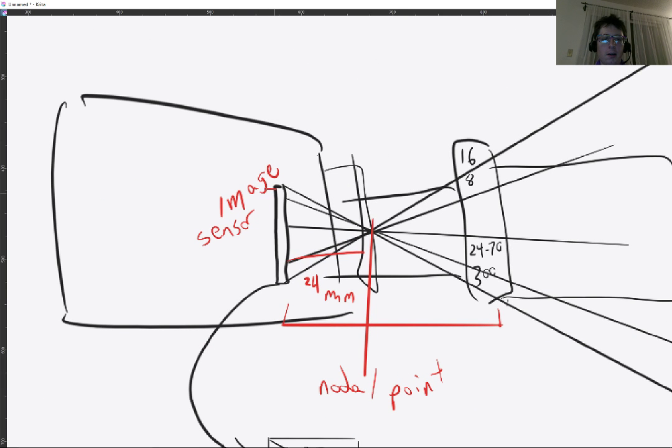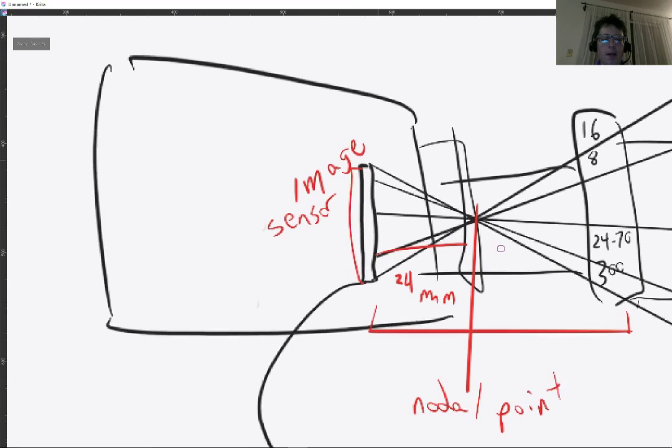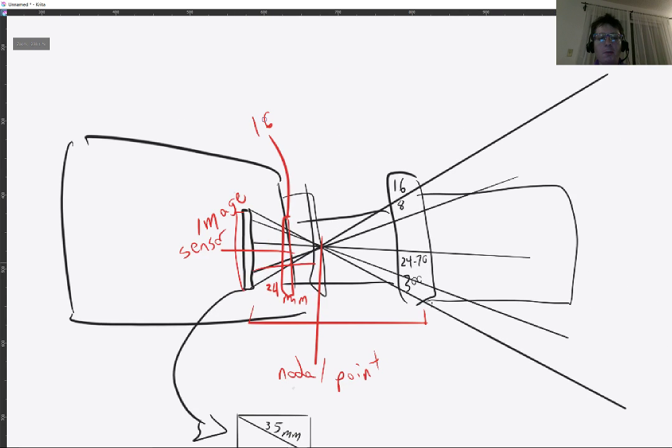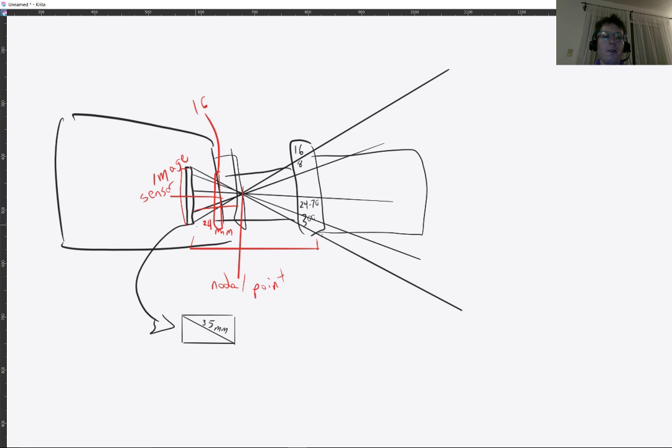Because look, if this is 35, and that's 25. If I had a lens right here, in other words, about half of this distance, this would probably be a 16 millimeter lens.